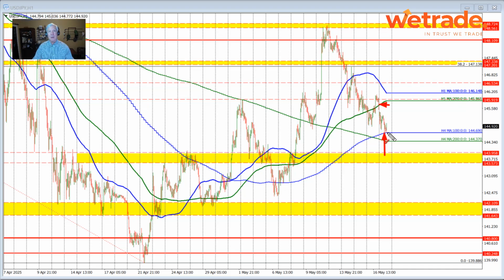We moved down, we moved up, and moved down again, but we are finding support against the 100-bar moving average on the 4-hour chart that comes in at 144.6. Now we're currently trading at 144.92, so that's going to be the key barometer, and so far the buyers came in against that level and pushed the price back to the upside. So as long as the price can remain above that level, the buyers are still in play, but obviously the selling pressure from last week and into this week is keeping the buyers at bay.